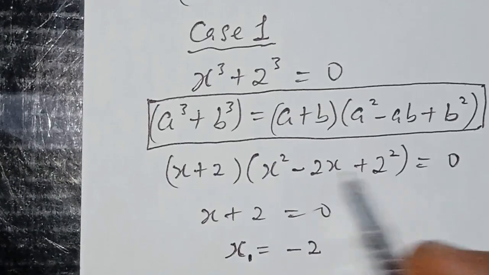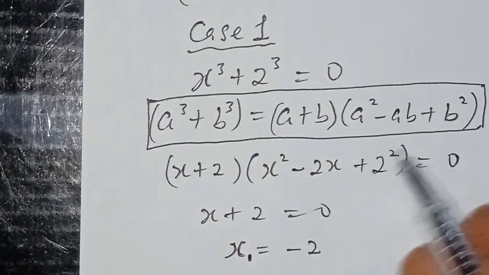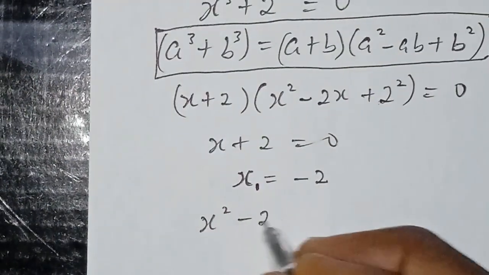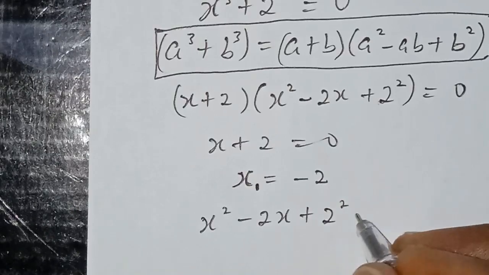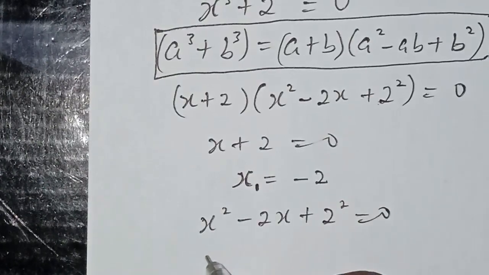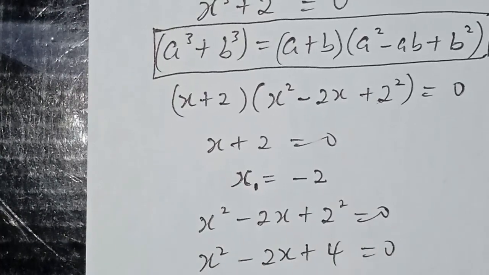So for the next, we consider this quadratic expression. So we have x squared minus 2x plus 2 power 2 equal to 0 to get our value of x. This is written as x squared minus 2x plus 4 equal to 0.